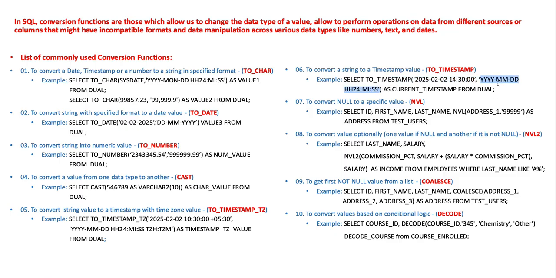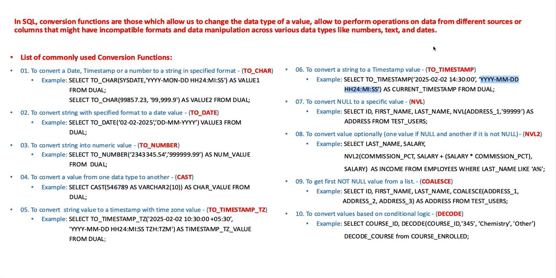That means date, hour, minute, and second format, so that it will convert the given string value into the default timestamp format. We will observe the result after running this code in our Oracle developer window.